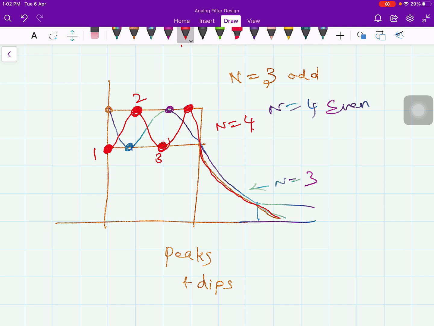This can also be considered as a point of maximum or minimum, because the magnitude is even. So this point is also a point of maximum or minimum.